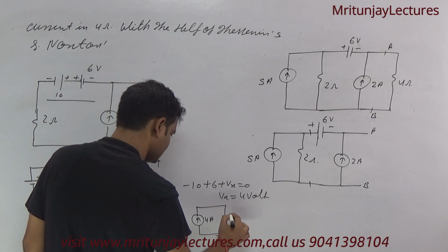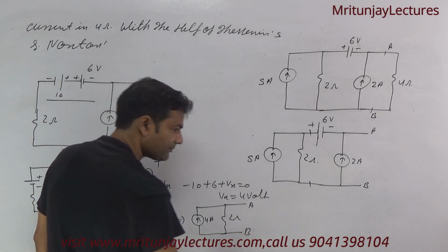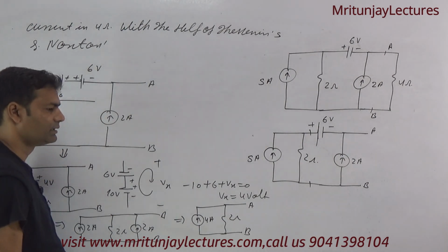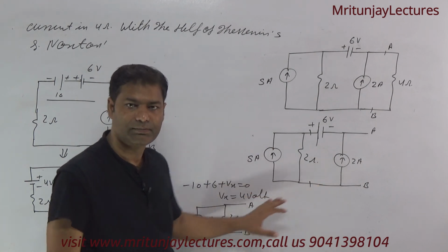And what about resistance? 2 ohm, that is A and B. Simply, this circuit is made like this.